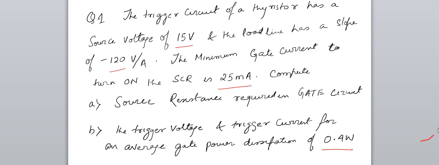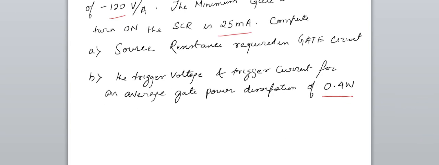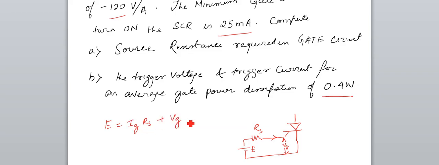So as you know, if you draw the circuit, this is your resistance and this is your voltage. Now equation wise, E is equal to IG RS plus VG. So this is the equation.